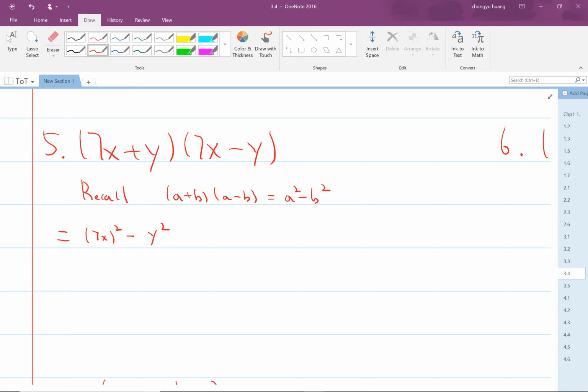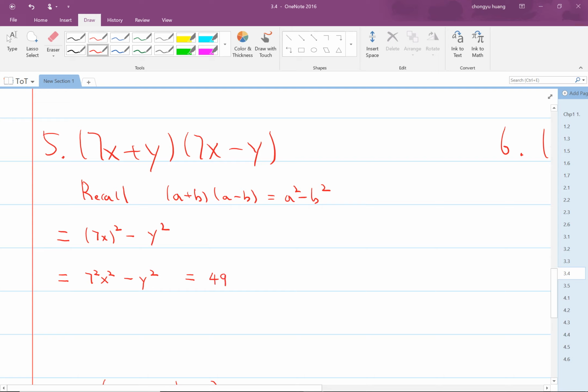Okay, so now we need to simplify a little bit more. So 7x bracket to the power 2. Okay, let me show the detail. We have 7 to the power 2 and then x to the power 2 minus y squared, right? And then it is equal to, so remember, 7 to the power 2 is actually 49, right?